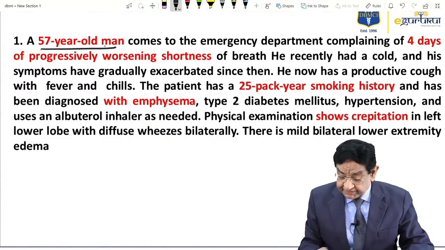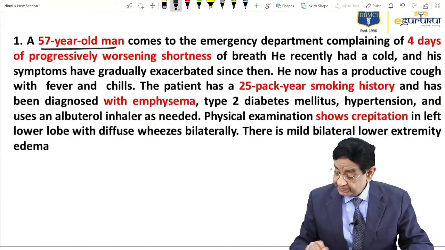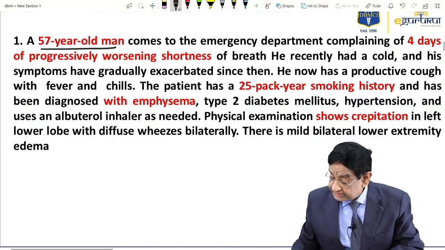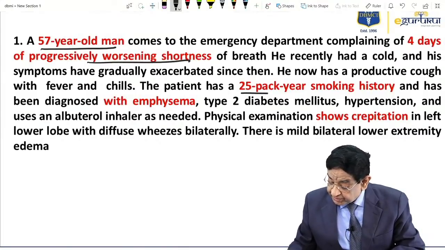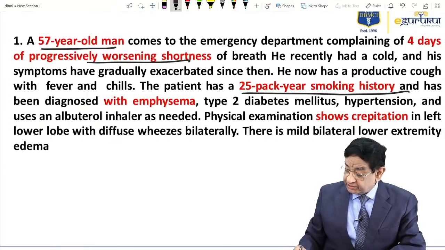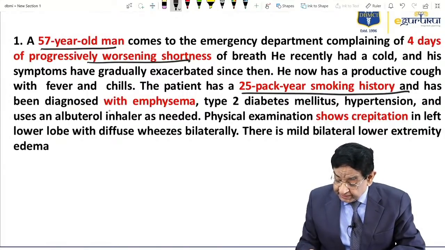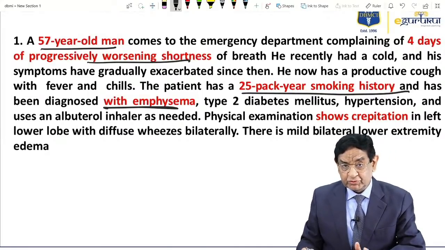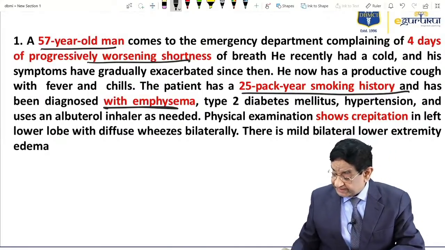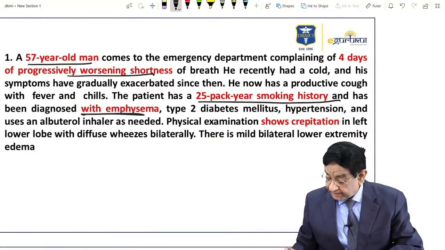We have a 57-year-old man with 4 days of shortness of breath. There is a 25-year history of smoking. Definitely if he smoked for 25 years, he's bound to have some COPD, emphysema is there. A little bit of crepitations are there.